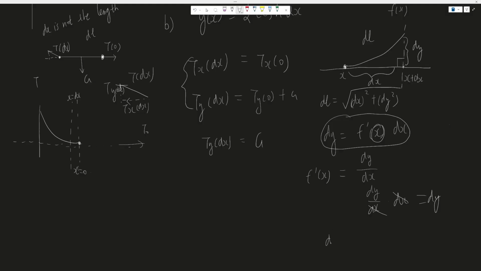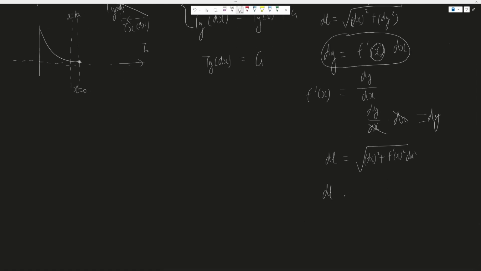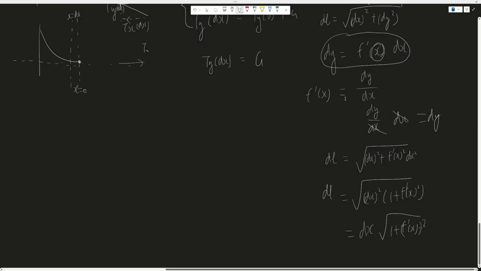And so dl is the square root of dx squared plus f prime x squared dx squared. And then we can factor out dx squared. So dl equals the square root of dx squared times bracket 1 plus f prime x squared. And then dx comes out, we have dx times the square root of 1 plus f prime of x squared.